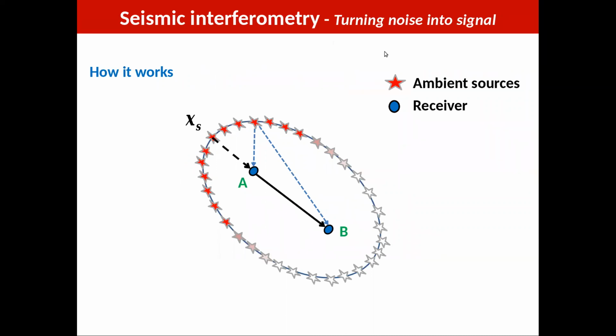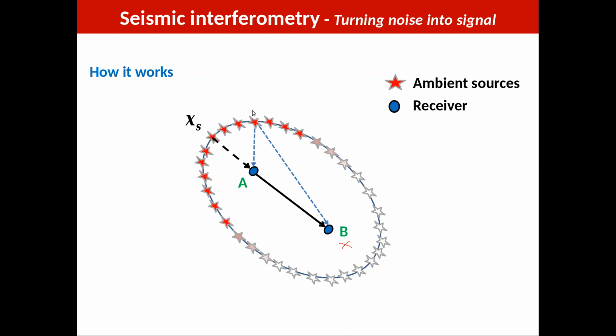How it works. Okay, so turning noise into signal. In the case I explained, the source is right in a horizontal line in relation with the two stations. But what happens if the noise is offset?